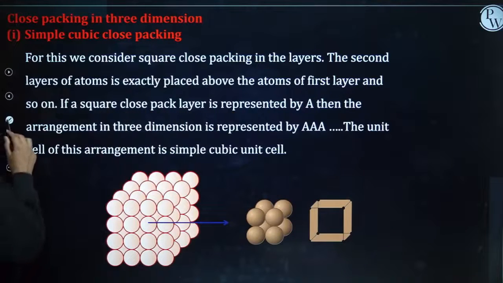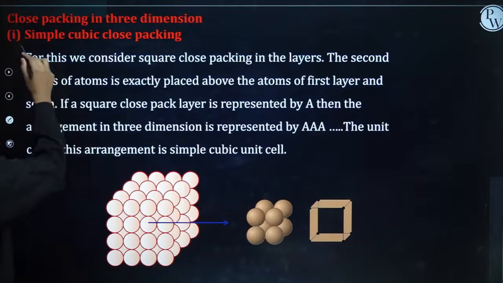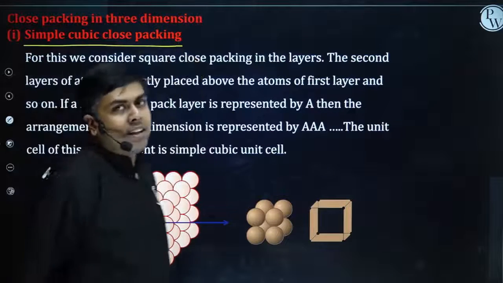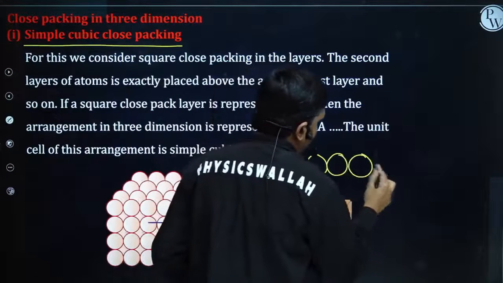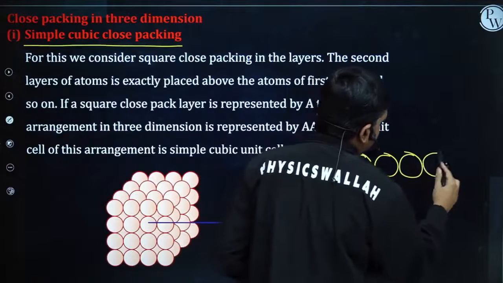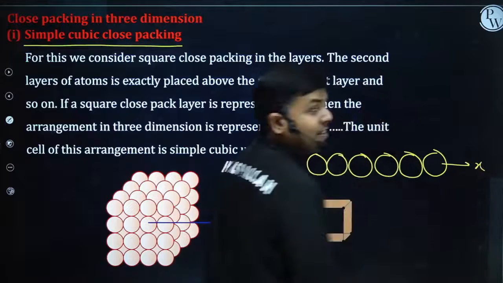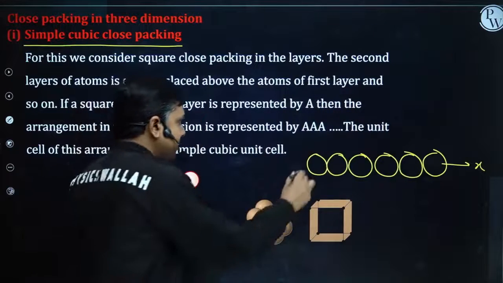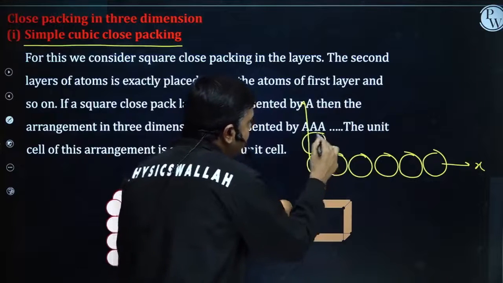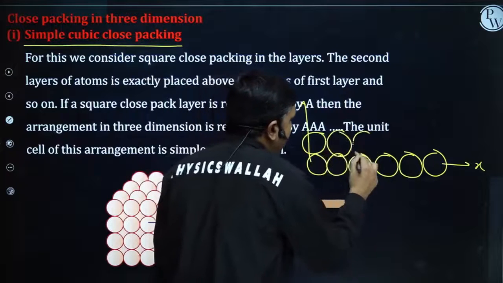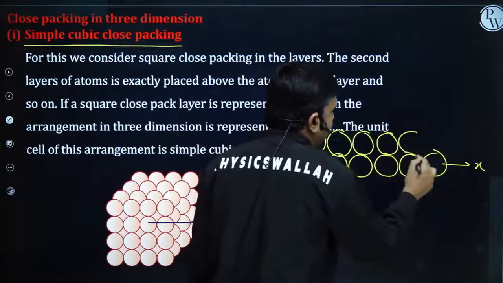Student, in this cubical or simple cubical close packing, first the atoms are arranged in 1 dimension along x-axis, then along y-axis, atoms are exactly placed, the second layer atoms exactly placed over the first layer.